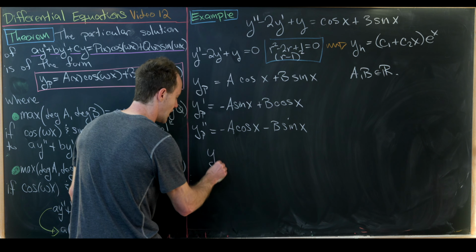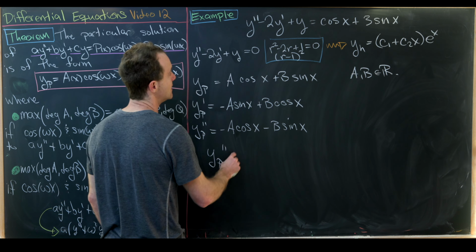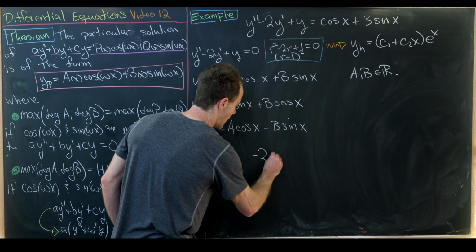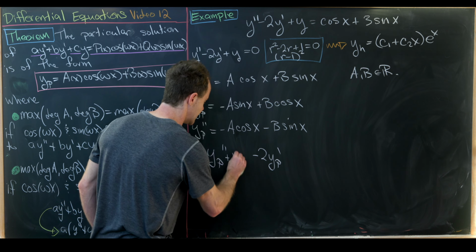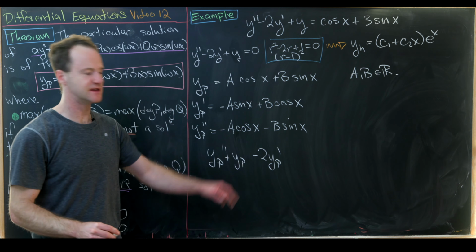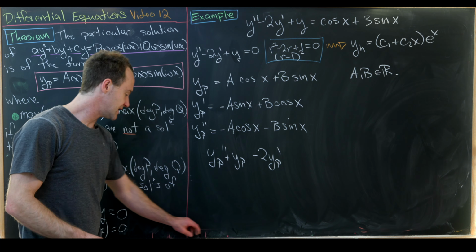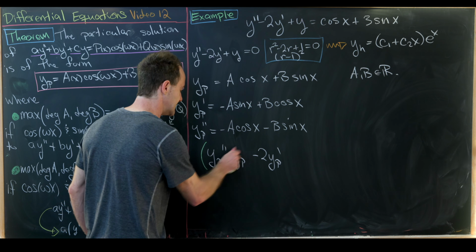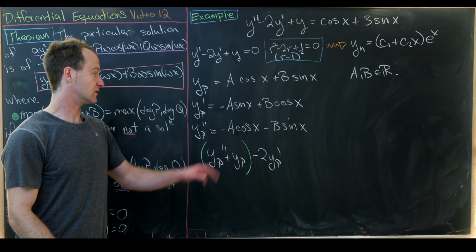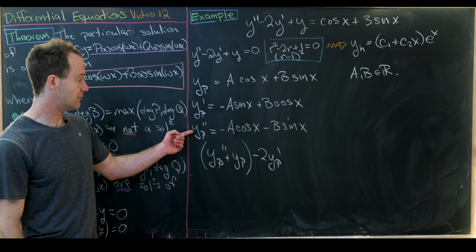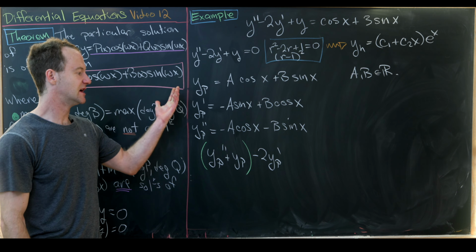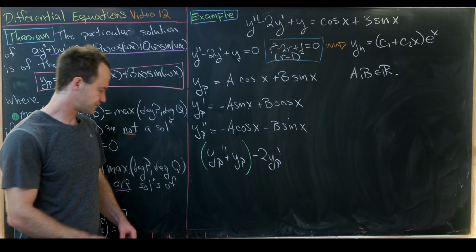And now let's look at yp double prime minus 2yp prime plus yp. I wrote it in this different order because we can group these two together and they'll cancel out. If we sum yp double prime and yp, that just gives us 0.